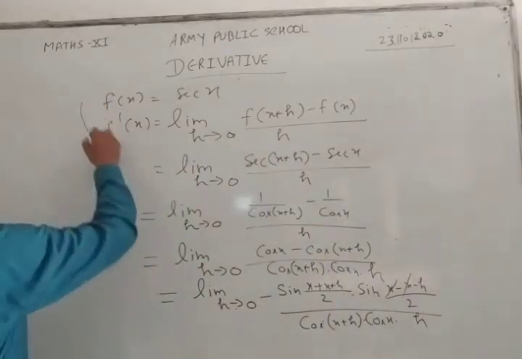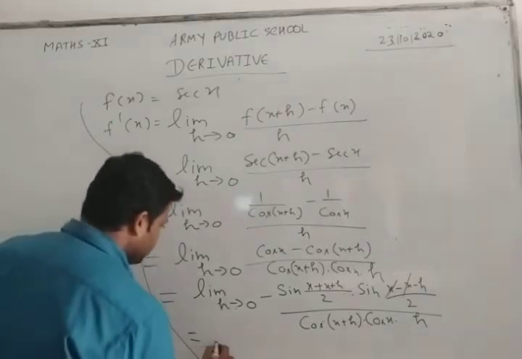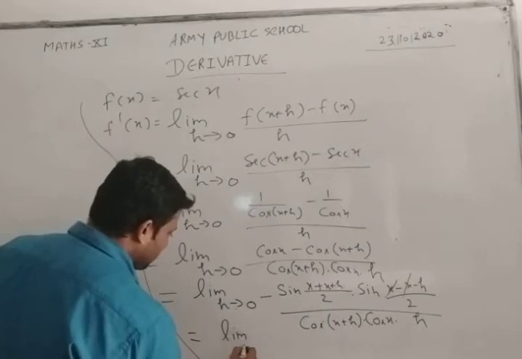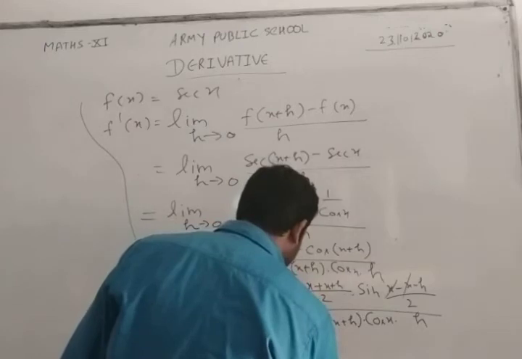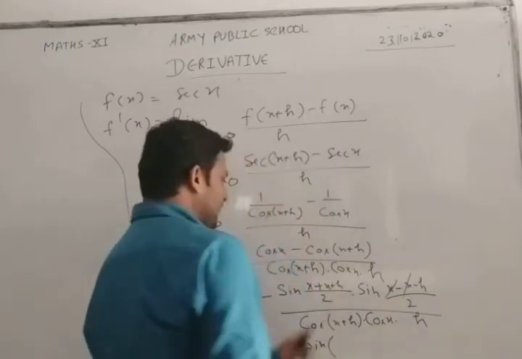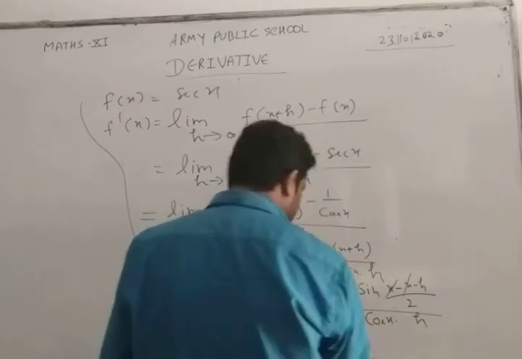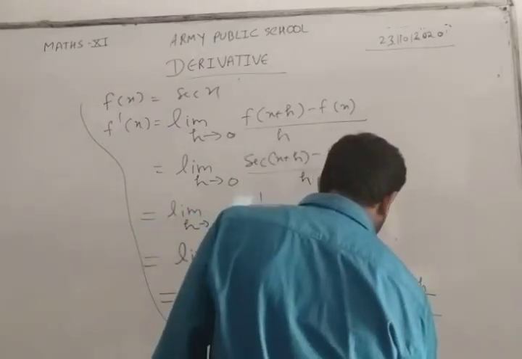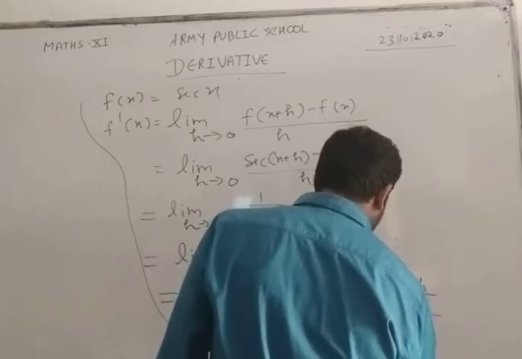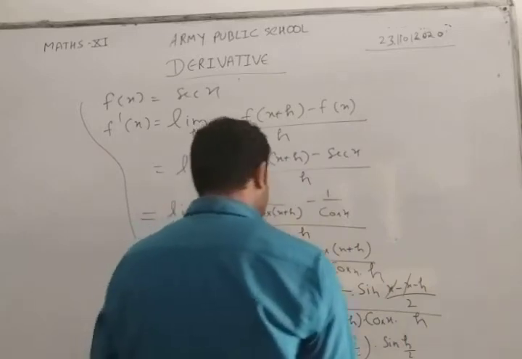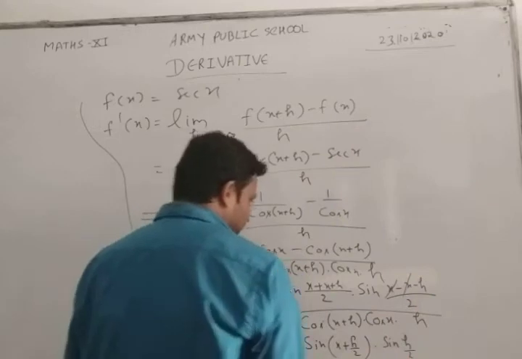Now we write here, we get limit h tends to 0. We write minus sin 2x plus h by 2, so x plus h by 2, into sin h by 2 divided by, and this minus will be here, so it will be plus.